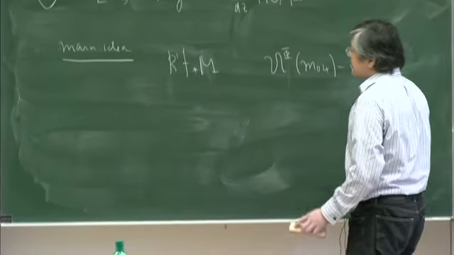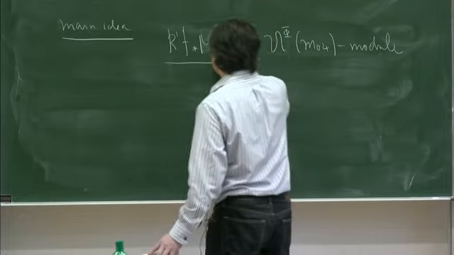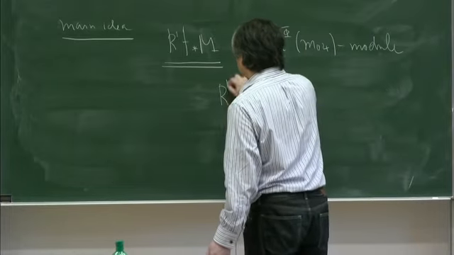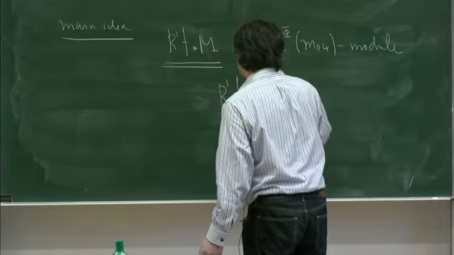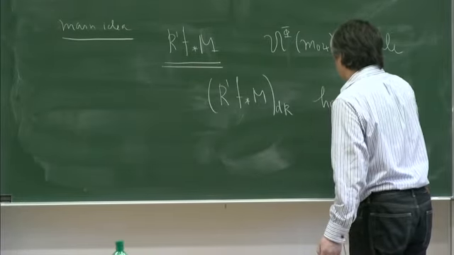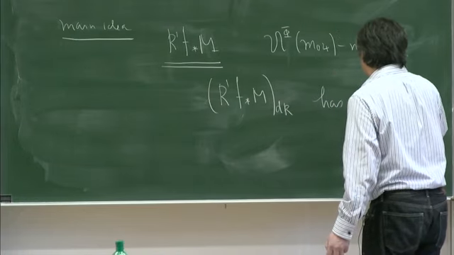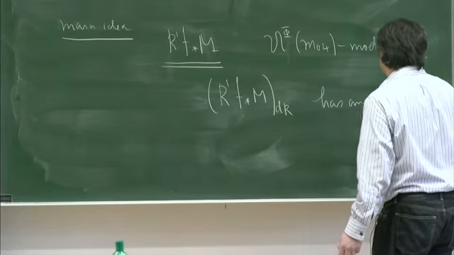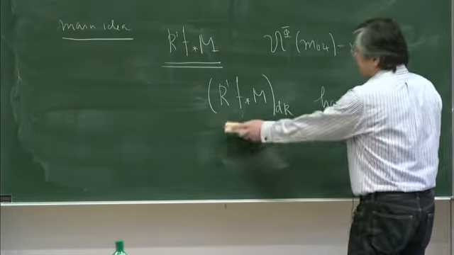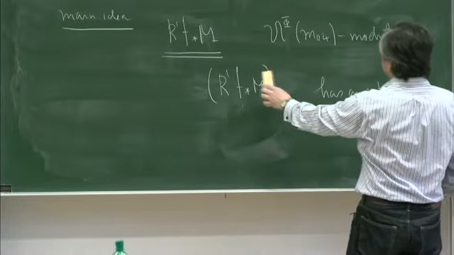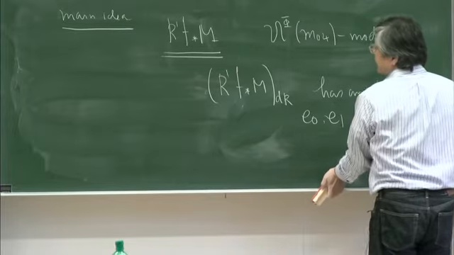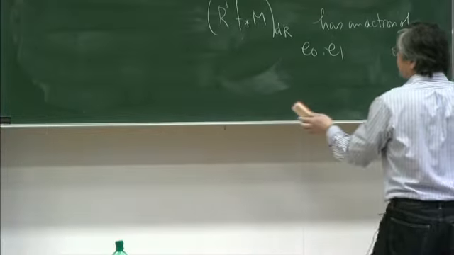What is the meaning of this U phi M04 module? The meaning is that the de Rham part of R1 f lower star M has an action of E0 and E1. And as I said, the data of this module is equivalent to giving a Gauss-Manin connection.